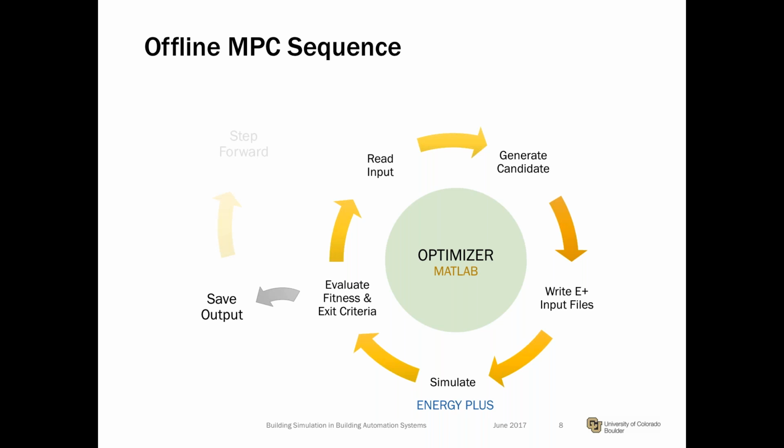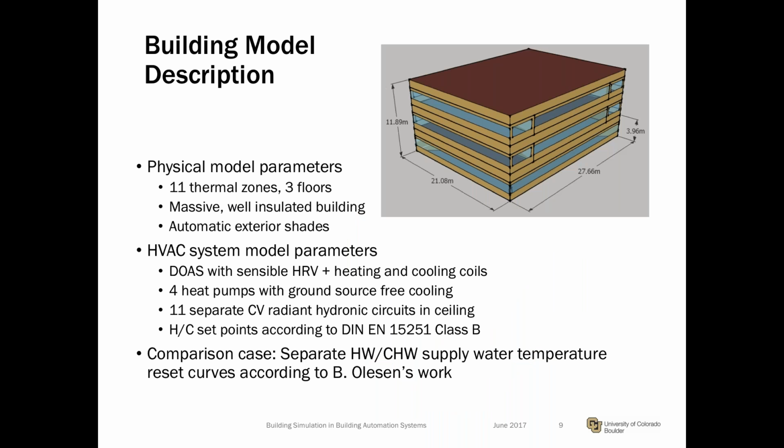As a case of application, I'd like to offer a scenario in which we look at a smallish building, and the building has 11 thermal zones. It has 3 floors. It is massive, as well as well insulated, and is equipped with automatic exterior shades.